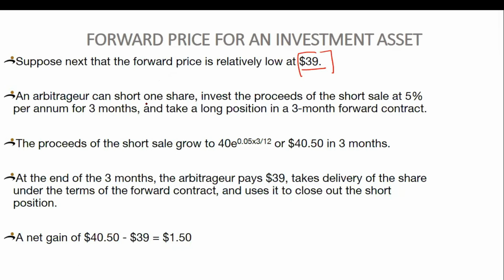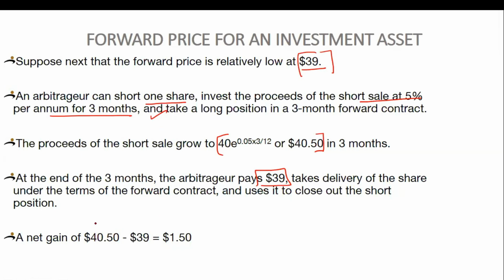We are going to short one share and invest the proceeds at 5% per annum for 3 months. So we sell the stock for $40. We got the money, we invested this money, and after 3 months we received $40.5. At the end of 3 months, we are going to pay $39 and take the delivery of the same share which we sold initially.